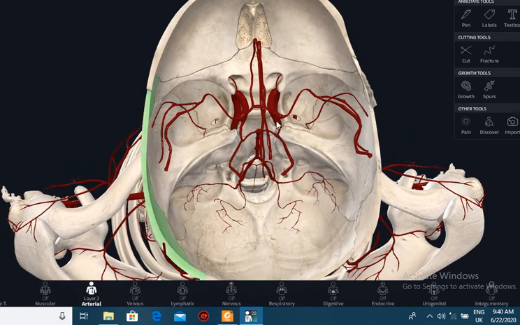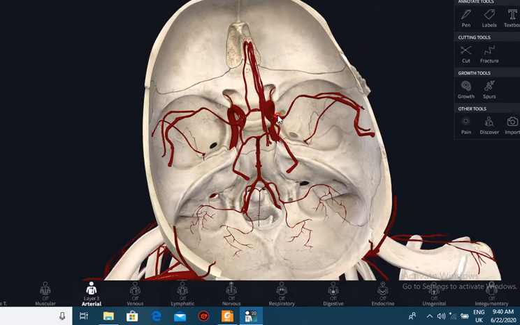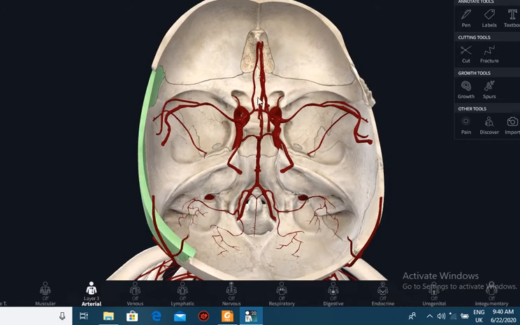The circle of Willis is a mechanism of circulation of the brain where there is permanent supply of blood in an anastomotic manner. So realize that the arterial supply to the brain is going to be through a certain anastomotic supply, because the brain is a very delicate organ.